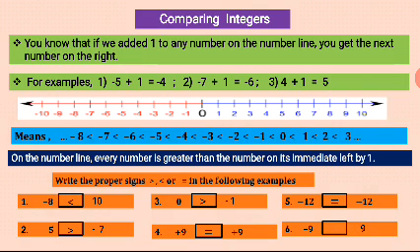Last one, -9 and 9. These numbers are the same but their signs are opposite. One is -9 and the second is +9. The numbers are the same but their signs are different.